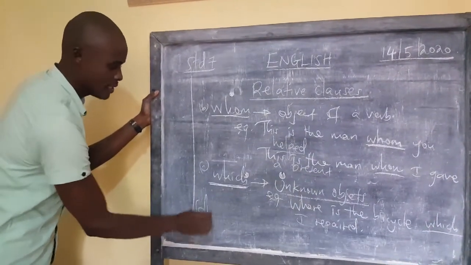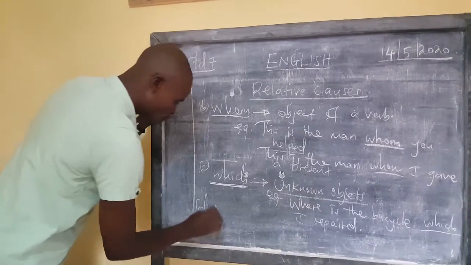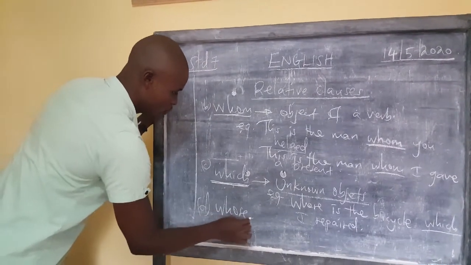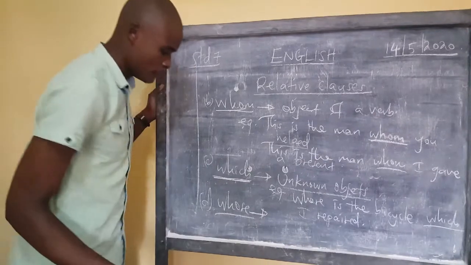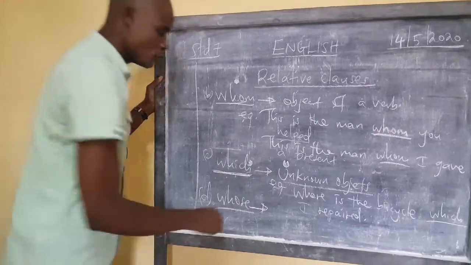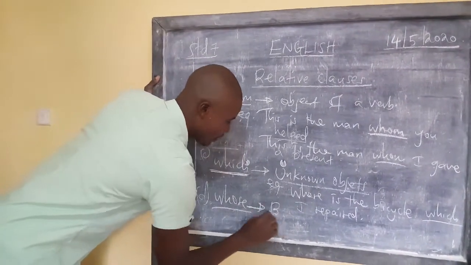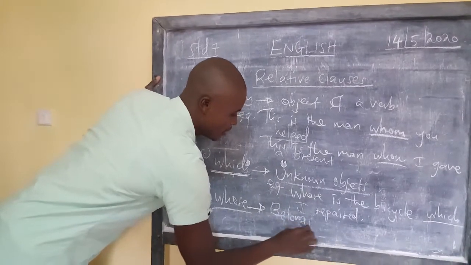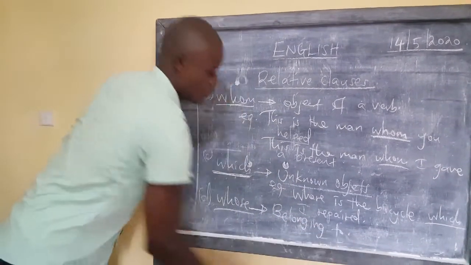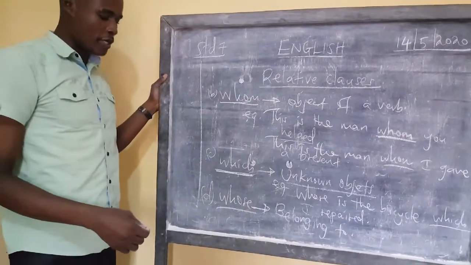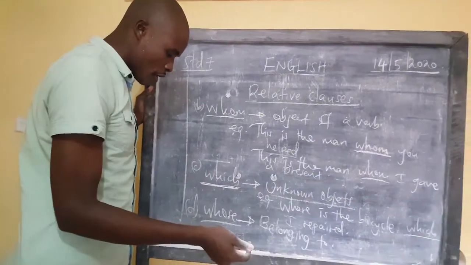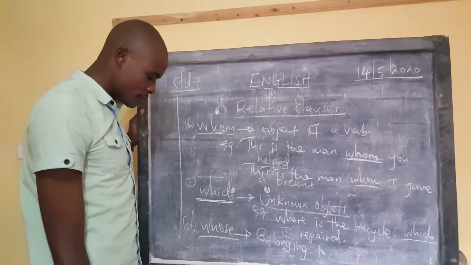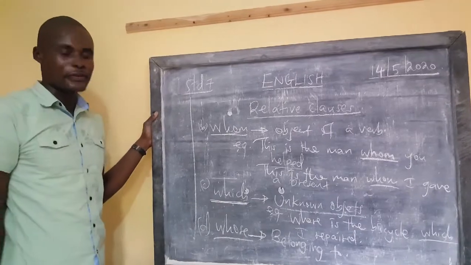Then lastly, D, we have the use of whose, which is the easiest to people. This one shows belonging. Belonging to. Something belongs to somebody. For example, this is the man whose car got lost.